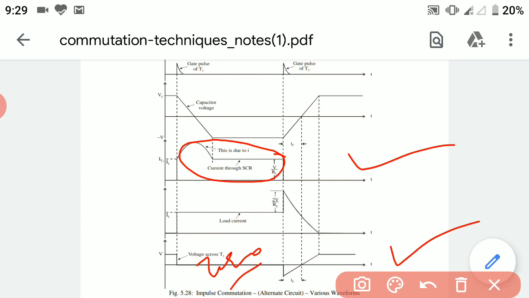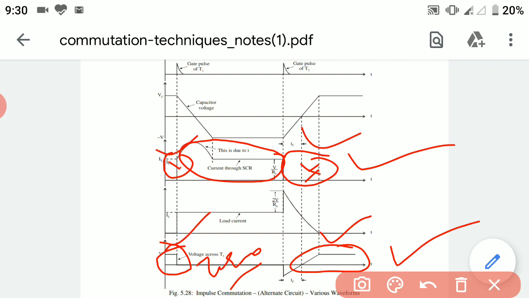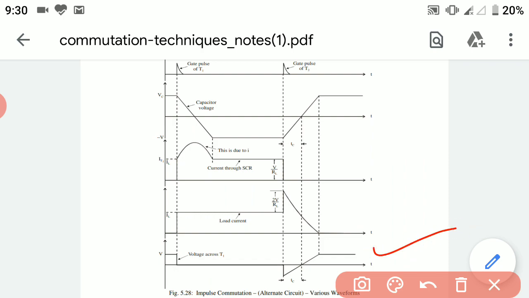When it is not conducting, during this phase and during this phase, a voltage develops across it. So this is the waveform for voltage across the thyristor T1. This is the current waveform for thyristor T1. This is the capacitor voltage which is alternately changing.